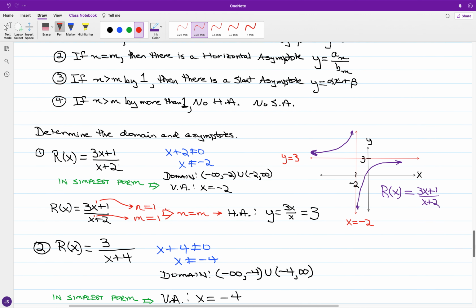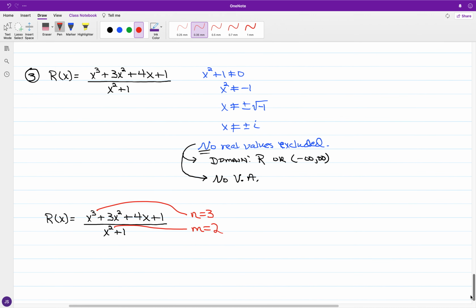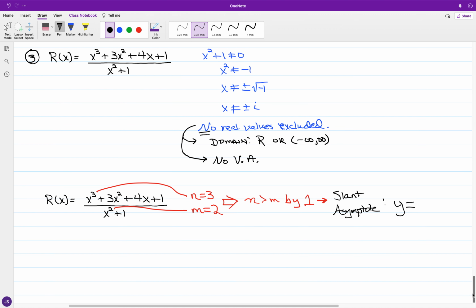And just in the setup here, n is going to be greater than m. 3 is greater than 2 by 1. So you're going to have a slant asymptote, a straight line.